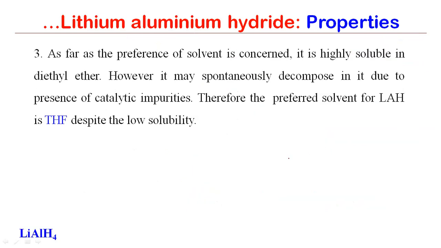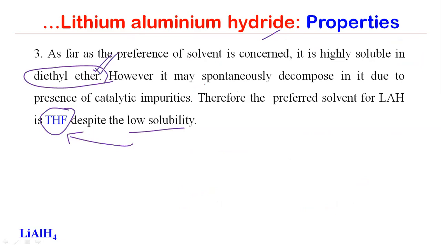All right. As far as the solubility of this reagent is concerned, it has been found that it is highly soluble in diethyl ether. But generally we prefer to use THF despite the low solubility of this reagent in THF, because when we use diethyl ether as a solvent, the reagent LiAlH4 can undergo spontaneous decomposition due to the presence of some catalytic impurity.